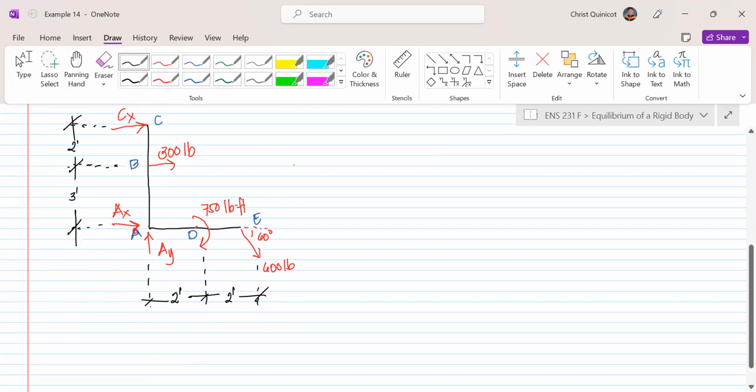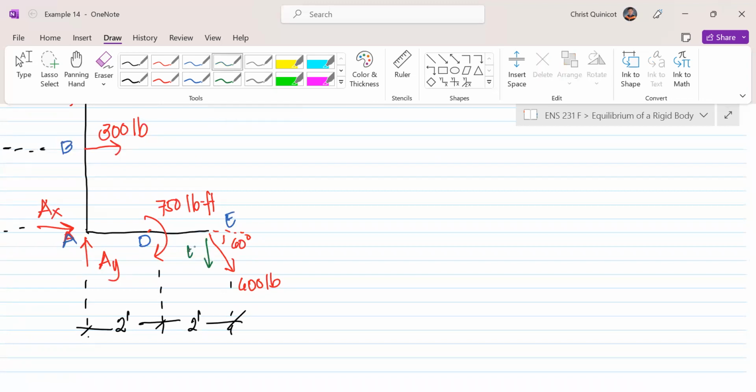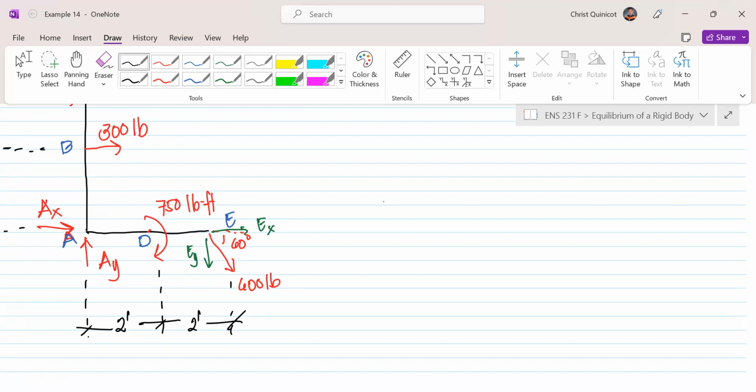But before we do that, let us express E in terms of its x and y components. So we have E sub y, and to the right is E sub x.